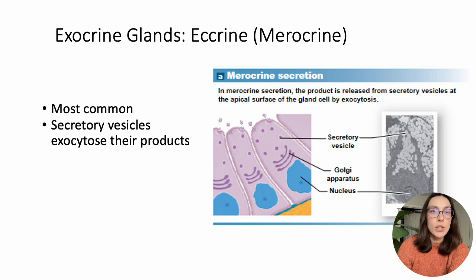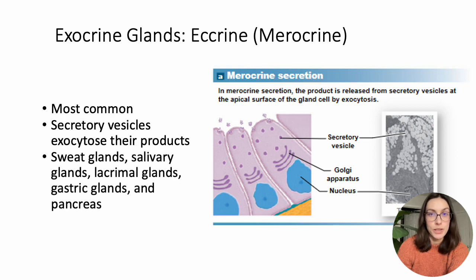And then they exocytose the contents of those secretory vesicles, and so the stuff goes into the duct by exocytosis. Right? This is going to be true for our sweat glands, salivary glands, lacrimal glands, for your tears, gastric glands, stomach juices, and pancreatic glands. This is a very, very common type. Merocrine or eccrine use exocytosis.